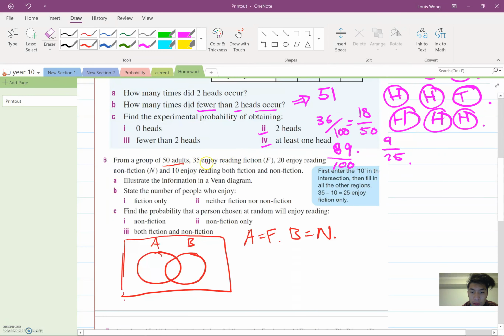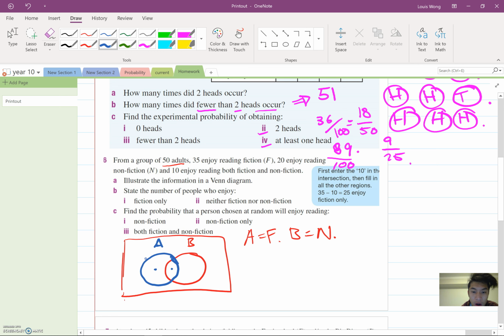Can I put 35 enjoy reading fiction? Well, fiction is made by the circle that is A. Let me represent A in a different color. There we go. And hopefully you realize that A is going to be made from one number over here and another number in the middle, because that's still part of this A circle.